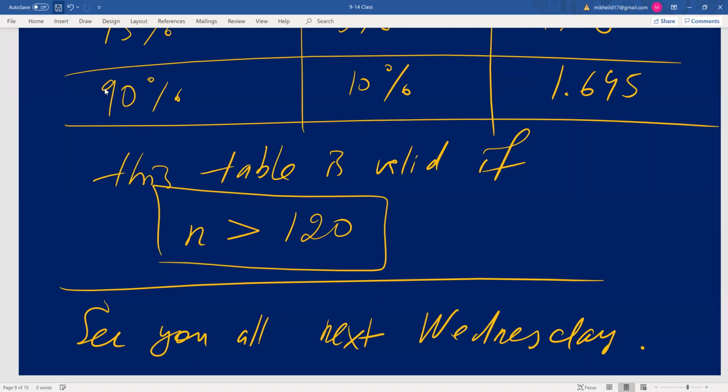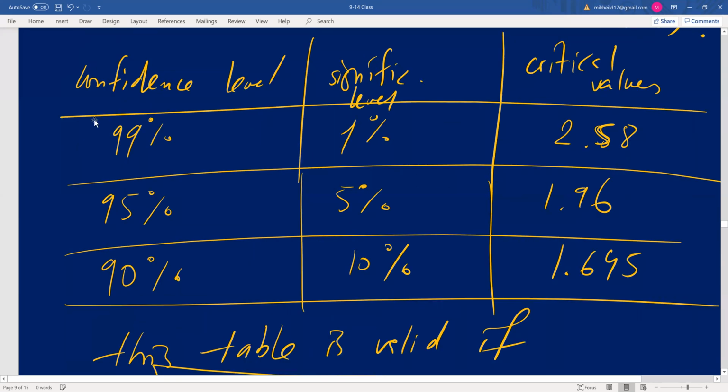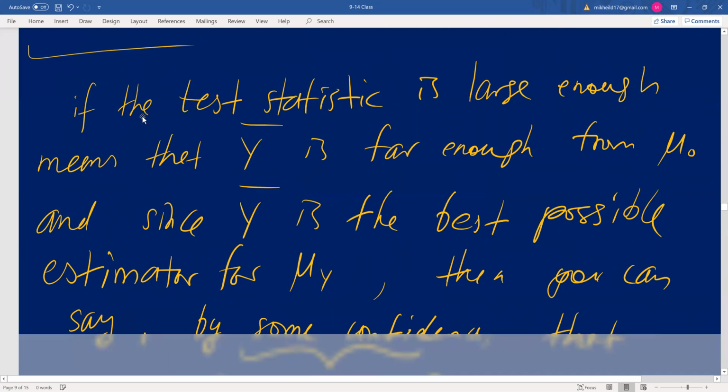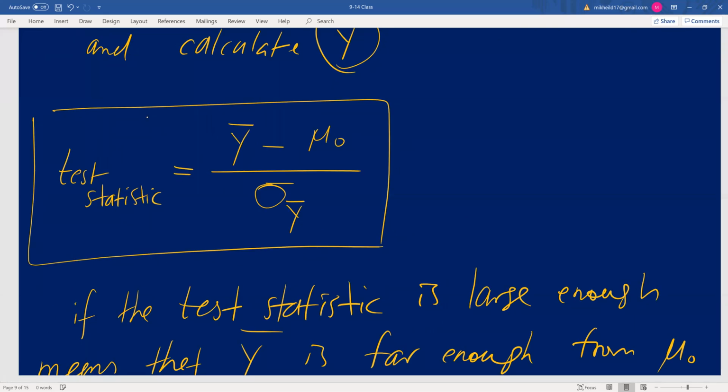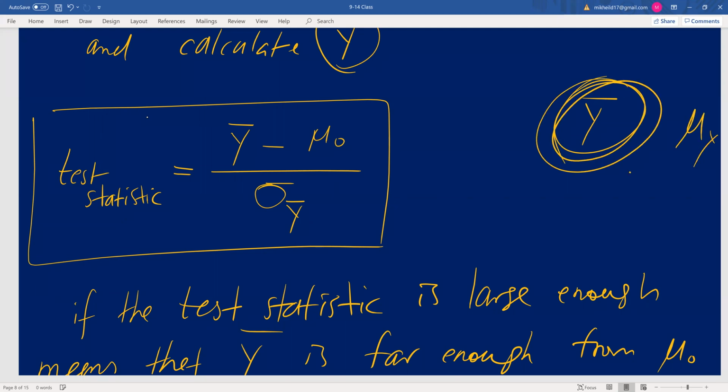Professor, I had a question. So you said for the test statistic, we divide by the standard deviation of y bar. Can you repeat why that is? Because you are interested in mu y, and y bar is the best possible estimator of mu of y. So if you are using y bar, then you have to divide the numerator by something about y bar, the standard deviation of y bar.